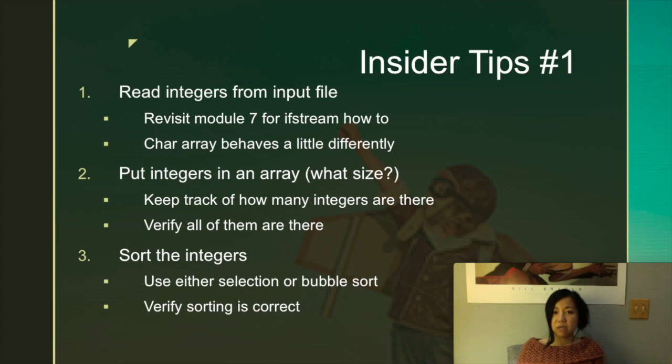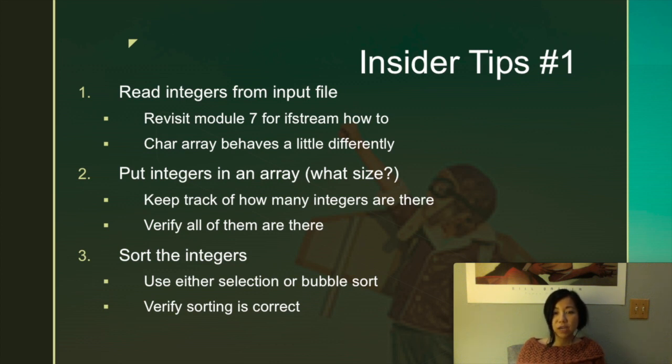Put the integers in an array. First of all, you have to figure out the size of the array, right? Because when you declare an array, you have to give it a size. That's why we said in the lab description it's a file that contains 50 or fewer numbers inside.